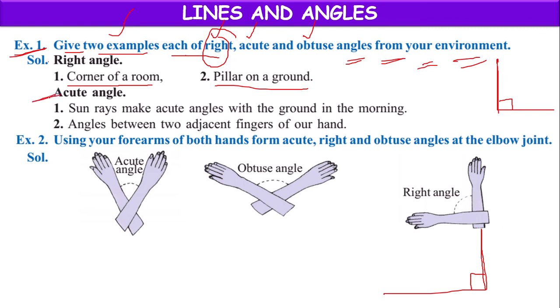So acute angles means the sun rays. In the morning time, when the sun is rising, the sun rays make acute angles with the ground.